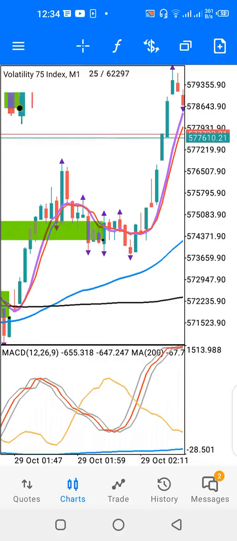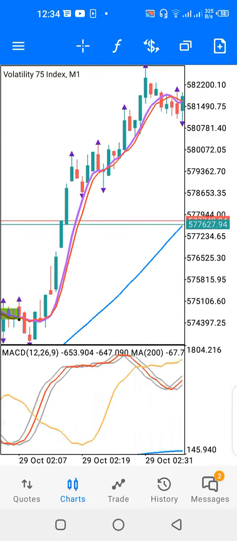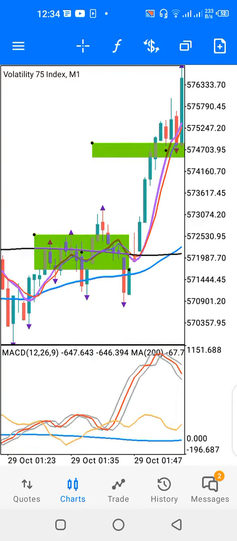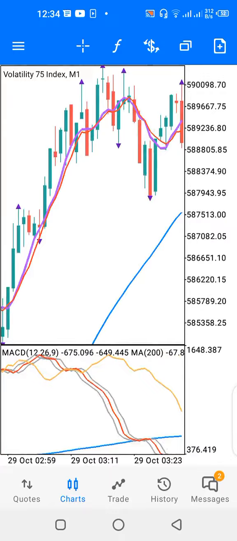Okay, after retracement, you can still see price going up. So this is a very good strategy you can use on volatility indices or forex to scalp a few points per time. Okay, so let's look at more examples.